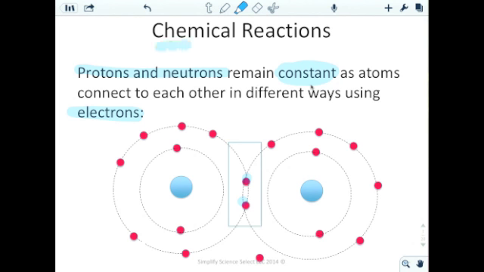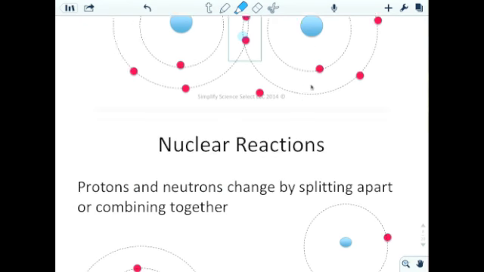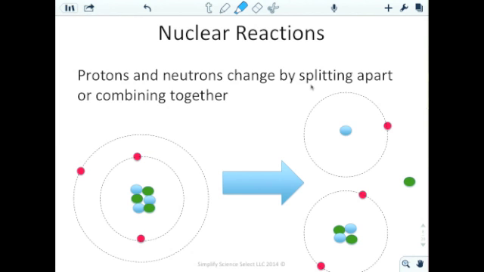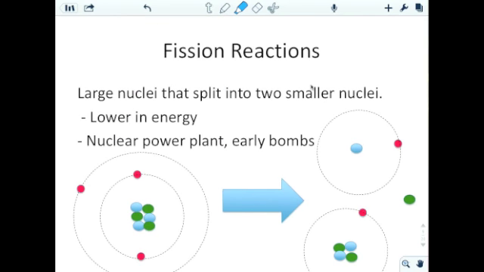But when protons and neutrons change by splitting apart or combining together, that's the nucleus reacting, so we call that a nuclear reaction.